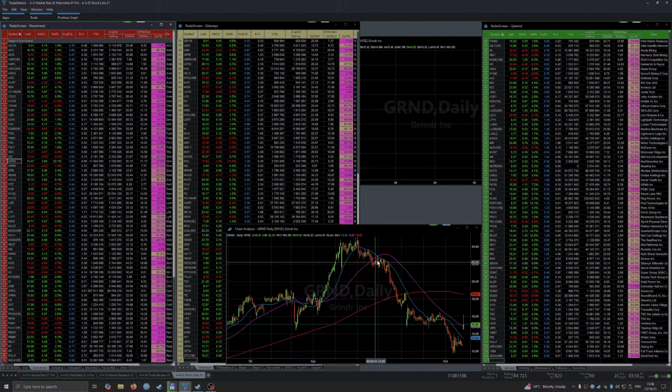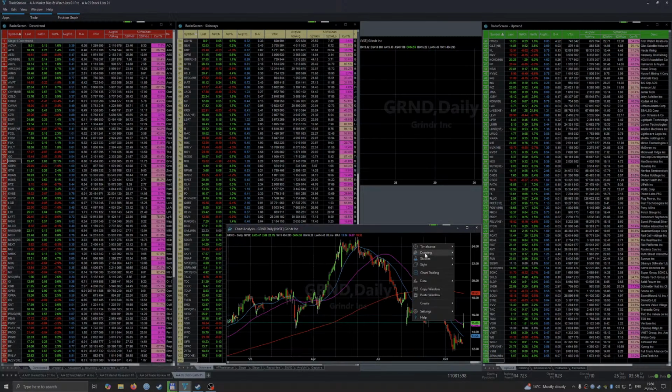GRND. Another one without a trend line that needs one. Interesting, it went above the trend line, pushed up, but got beaten back. But it still ended the day on a positive.